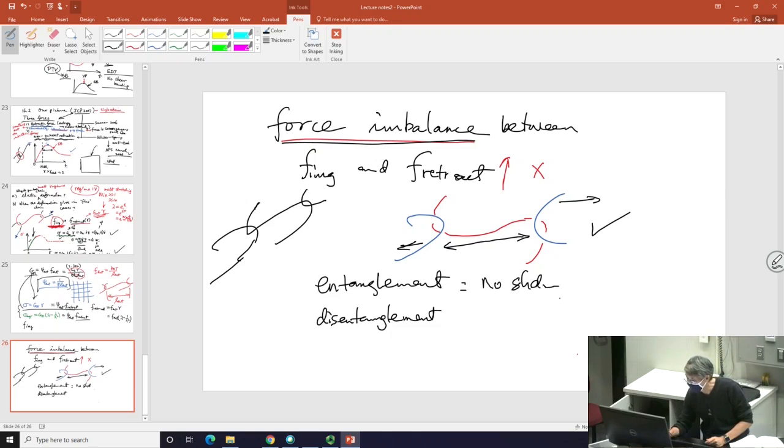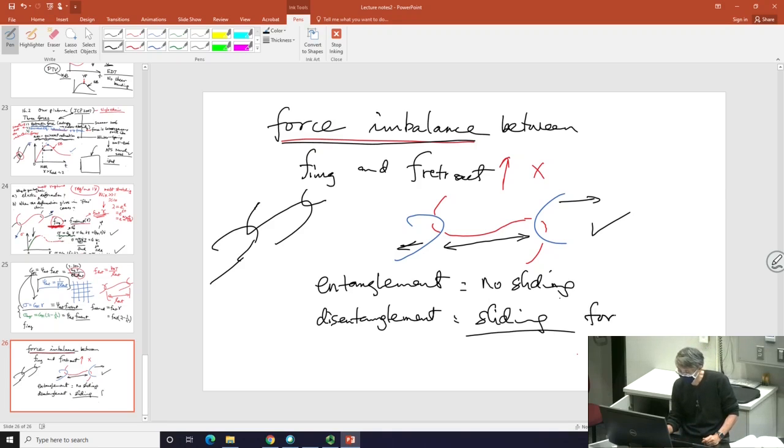No sliding, I mean, again, zeroth order picture, okay? I'm not going to be able to define anything further. No sliding between chains. Whereas why do you have sliding? Well, it's because of force imbalance, right?